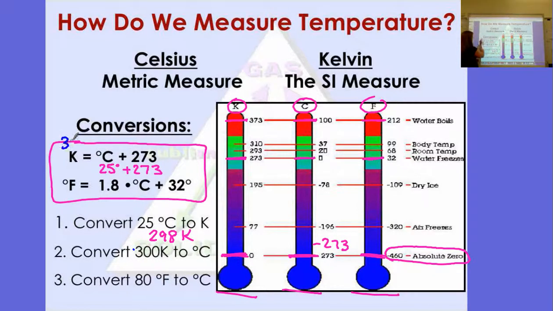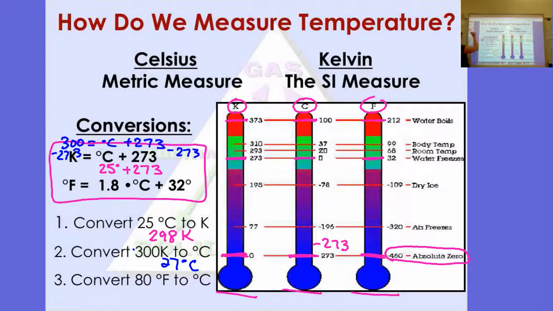Now I'm plugging in 300 Kelvin. 300 equals Celsius plus 273. I have to subtract 273 from both sides, so I get 27 degrees Celsius.